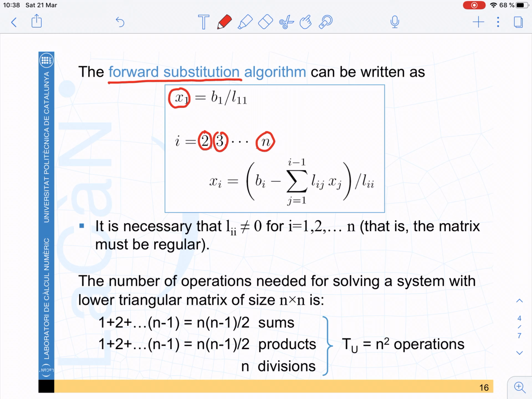We again need all diagonal entries Lii to be non-zero to avoid a division by 0 here. In other words, we need the triangular matrix to be regular. And an operation count, taking into account all the sums, products, and divisions, reveals that solving a lower triangular system requires n squared operations.